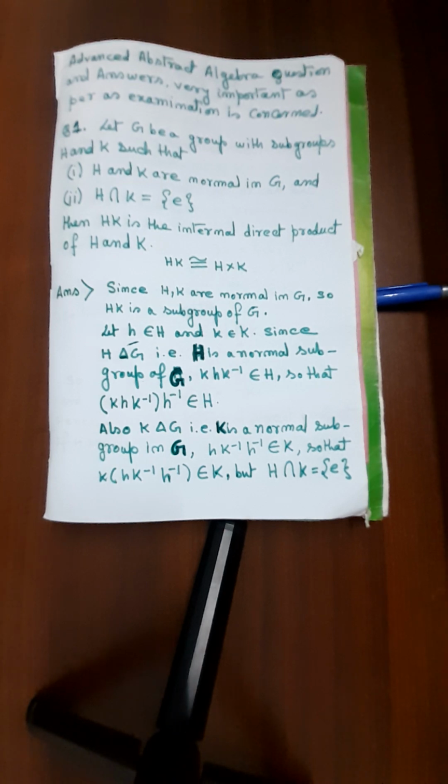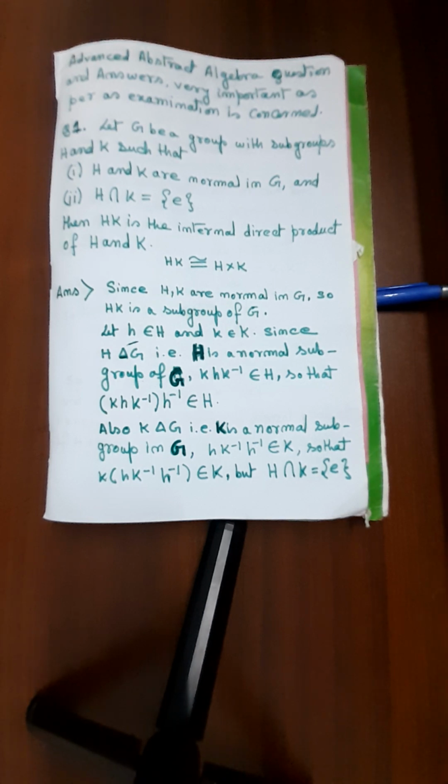Because k inverse will return the identity element, so k inverse belongs to H. Also, K is a normal subgroup of G, so h inverse will also belong to K, so that h inverse k will belong to K also.